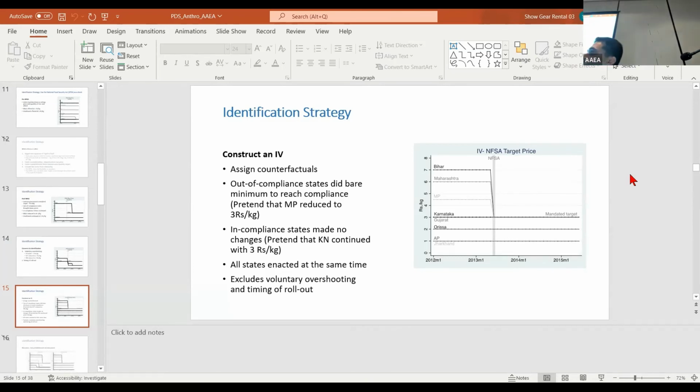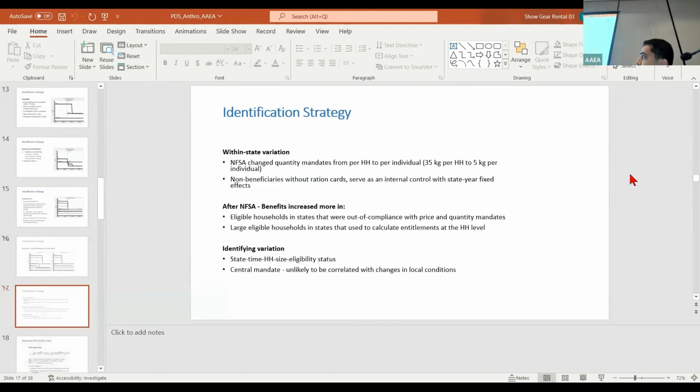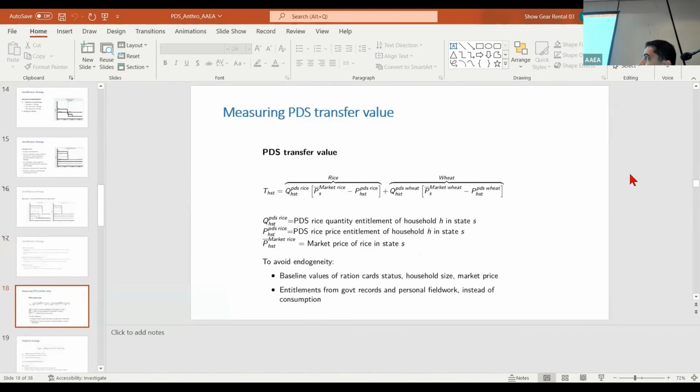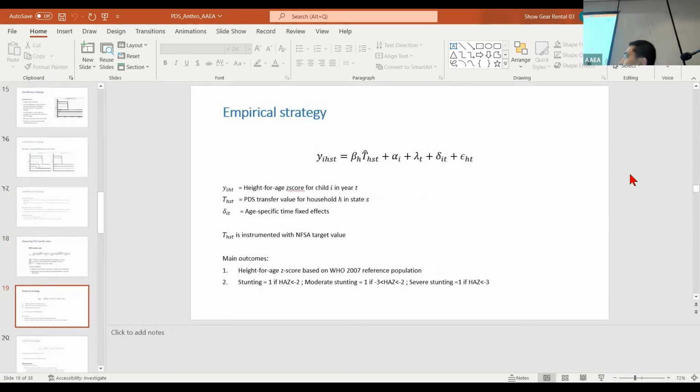So the IV measures purely the effect of NFSA. The way we measure PDS transfer is the rice transfer value plus the wheat transfer value. And we look at the effect of this transfer value on the height-for-age z-score with individual and time fixed effects.